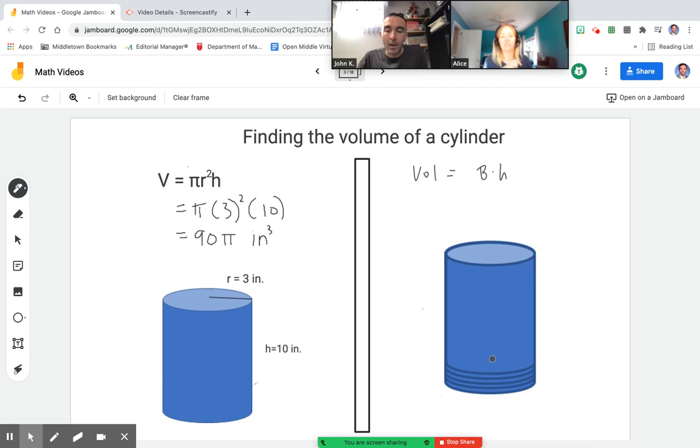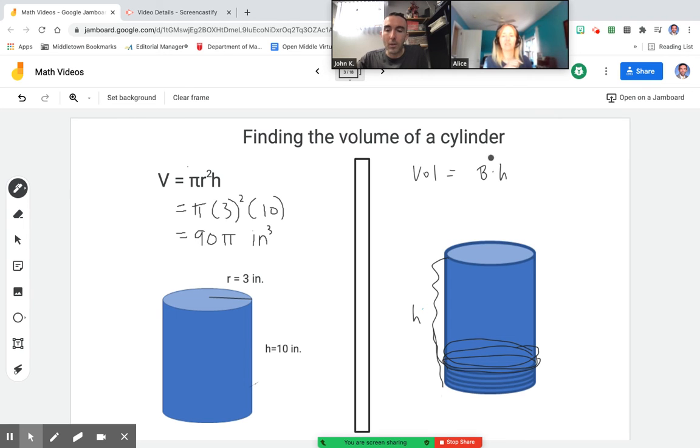If I am looking at the volume of a cylinder, I am more or less looking at a stack of circles, and we have so many of them. Each circle has an area of pi r squared, and we're stacking those all up across the entire height of the cylinder.